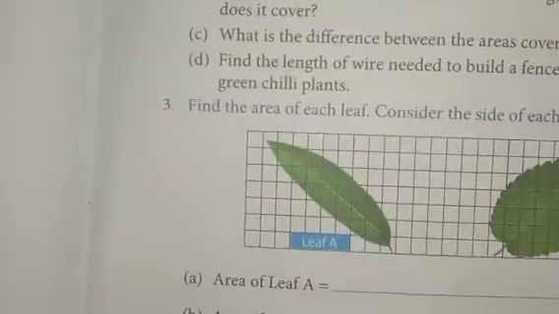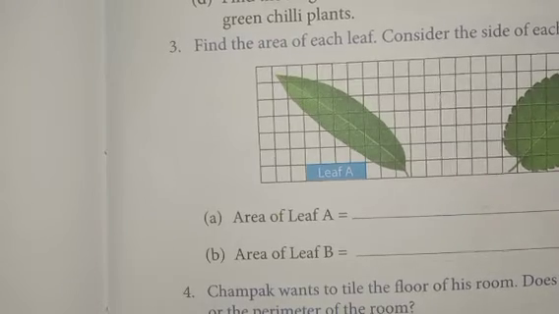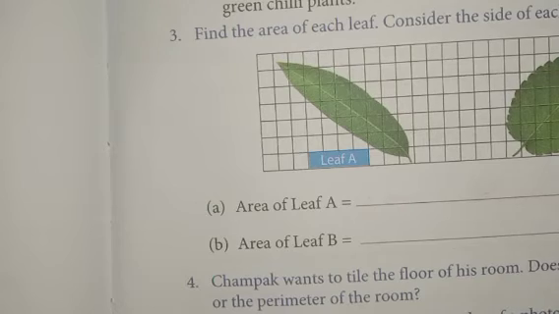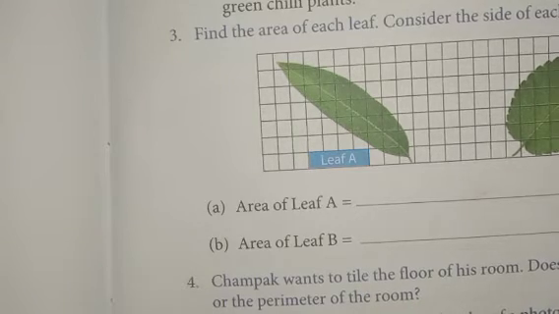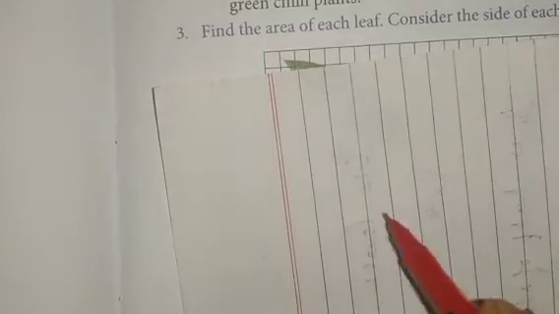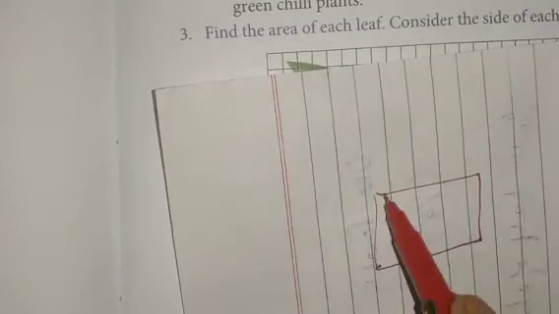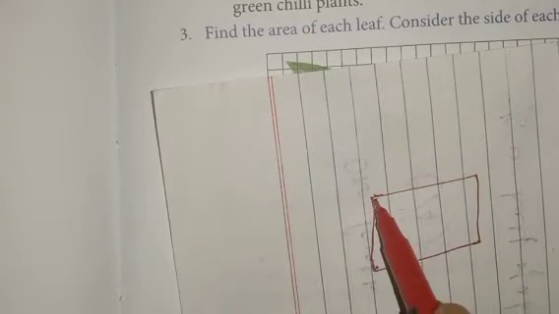Next, Chambak wants to tile the floor of his room. Does he need to find the area or perimeter of the room? If you see, this is the floor of the room and you want to tile this floor.